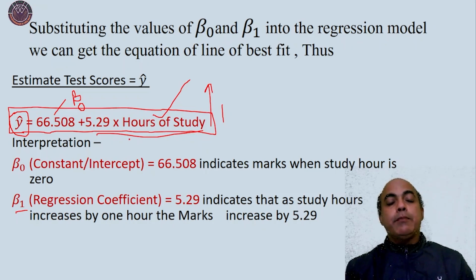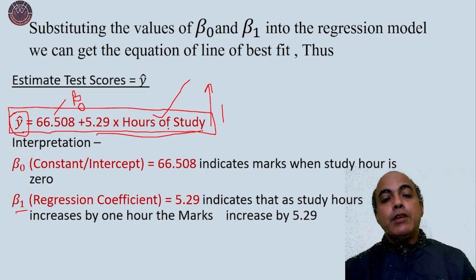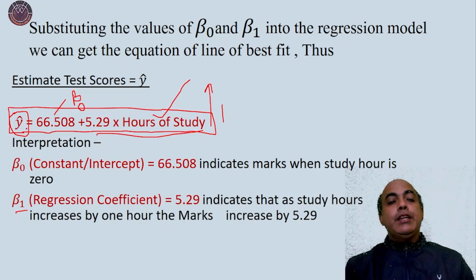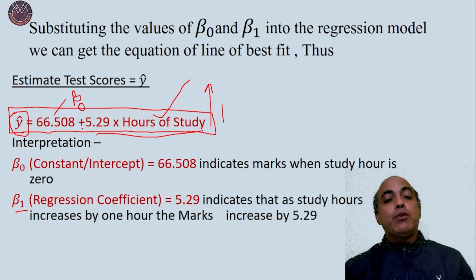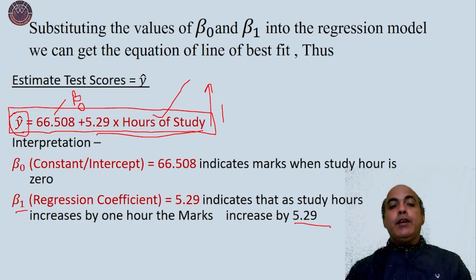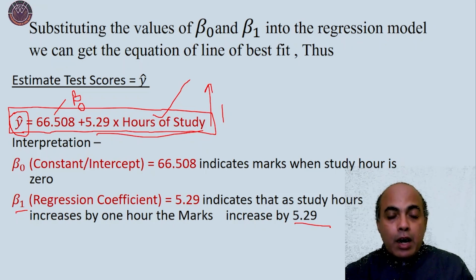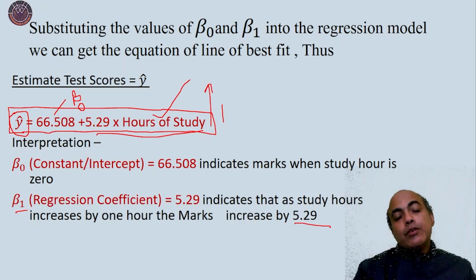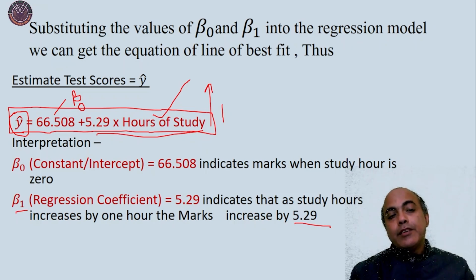If hours of study becomes 2, then marks will be 66.508 plus 5.29 into 2, so it increases by 5.29 each hour. Hopefully you have understood how we solve regression equations.